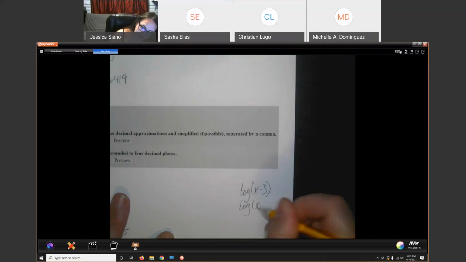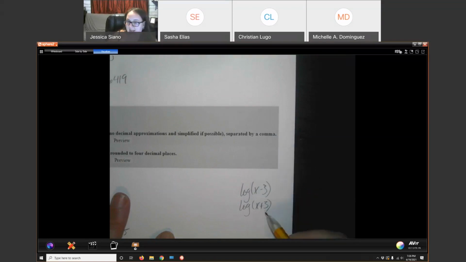So if my equation was log of x plus 3 and I got negative 2 as an answer, I could plug negative 2 into this because negative 2 plus 3 is a positive 1. So it's not about what your solution is, it's about would you be taking the log of a negative, okay? So you always have to check that on these.